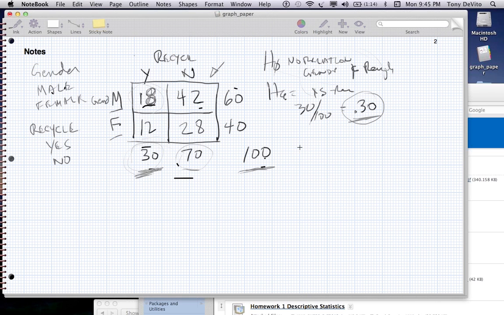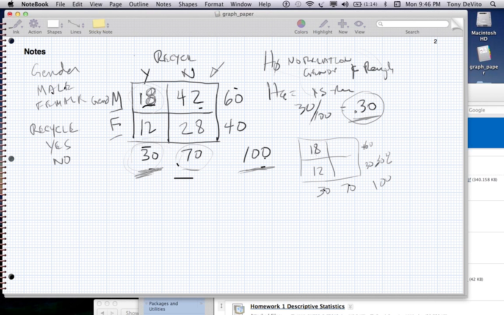In fact, just to show you something interesting, if I know the prevalence is 30%, and that I have 100 subjects, and this is 30, and this is 70, and I know that it's 60 males and 30 females. If I know that this is 18, then this box has to be 12, right? Because it's got to add up to 30 people.